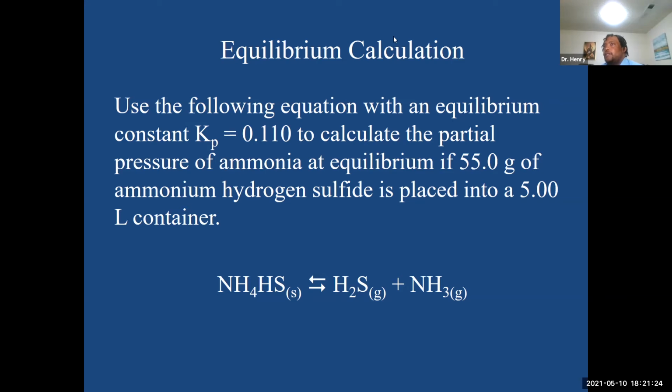Okay, so we want to calculate the partial pressures of ammonia at equilibrium. We have our Kp. So what is it that we know about this? What's our givens?